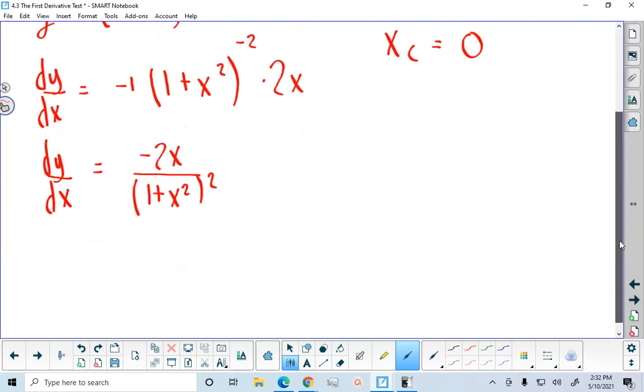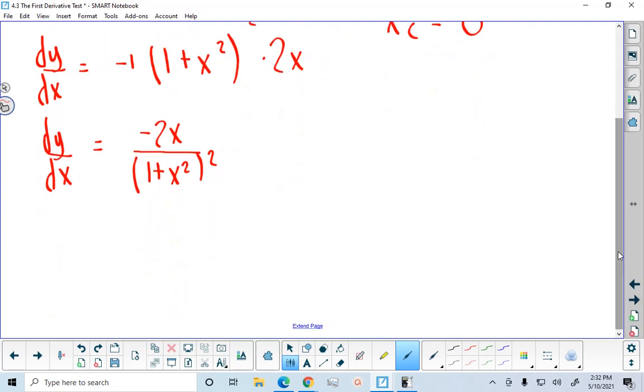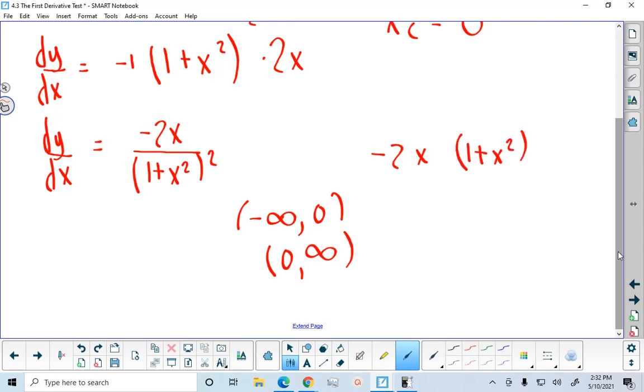Our chart then is going to be pretty basic. We're going to go from -infinity to 0, from 0 to infinity. Across the top, we'll have -2 and an x and 1 plus x squared. I prefer to treat the -2 and the x as one thing.